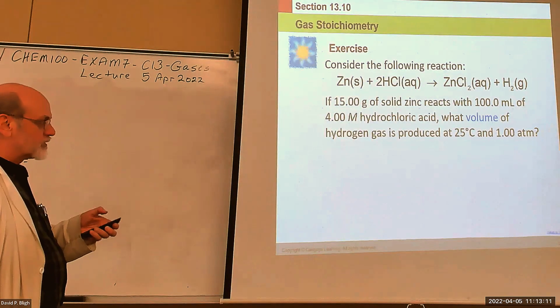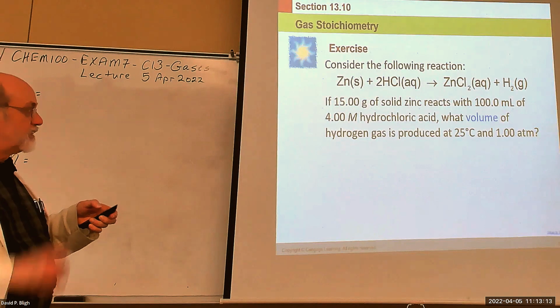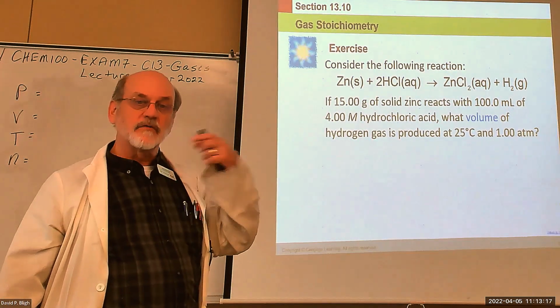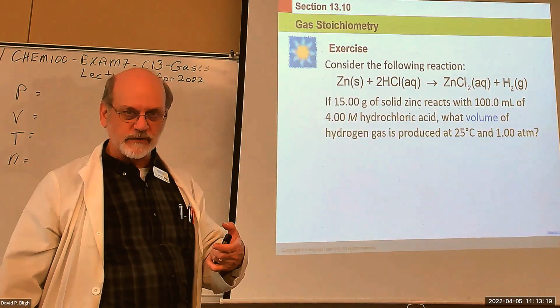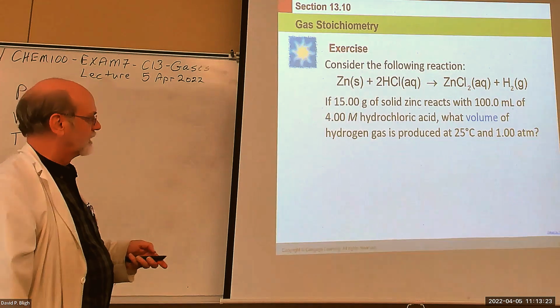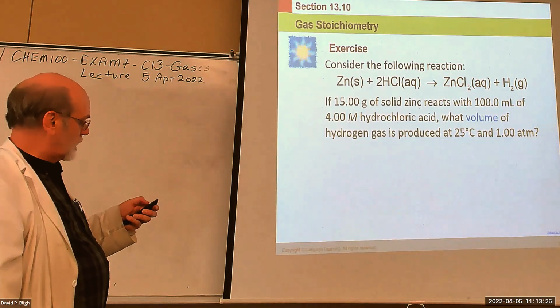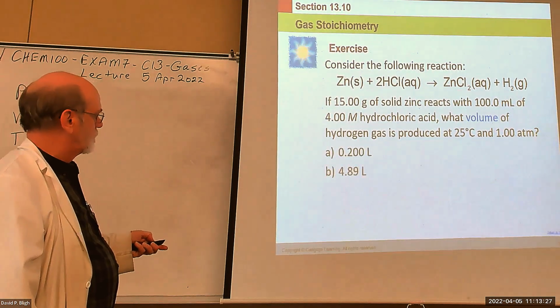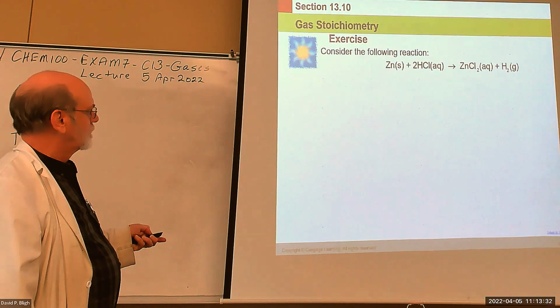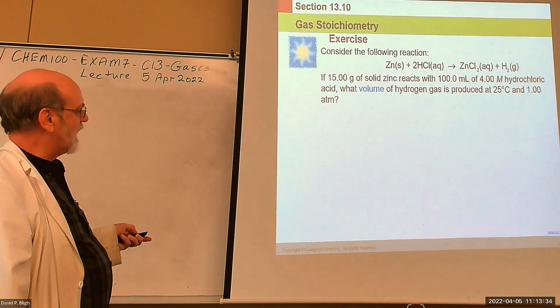Okay, so first of all, before we can calculate the volume of hydrogen, we need to know the number of moles of hydrogen produced. And that's a simple stoichiometry problem. What you have to do is, next slide, the equation's balanced.